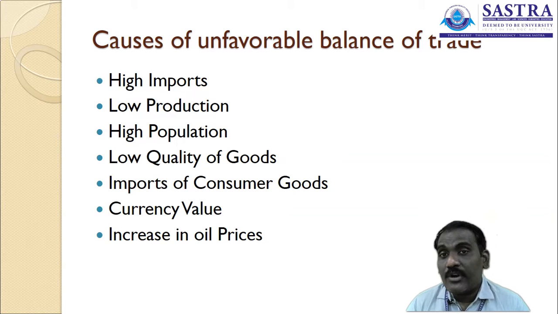If there is an import, we need to export value from our country to match it. If we miss that point, importing will lead to a reduced currency value in the international market, and the currency value which is depreciated due to a high level of imports may create an unfavorable balance of trade.